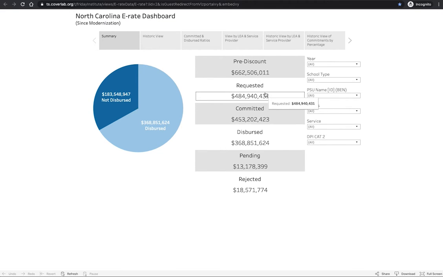So how much the school district asked for and how much they received. Very high hit ratio there, which I think is indicative of us doing a good job of training the school districts on how to properly apply for E-rate and helping them use the program to the most potential.